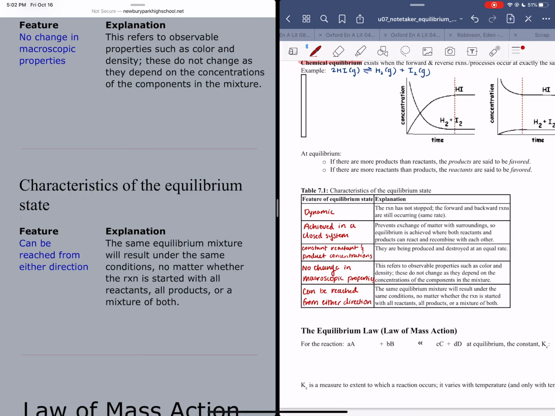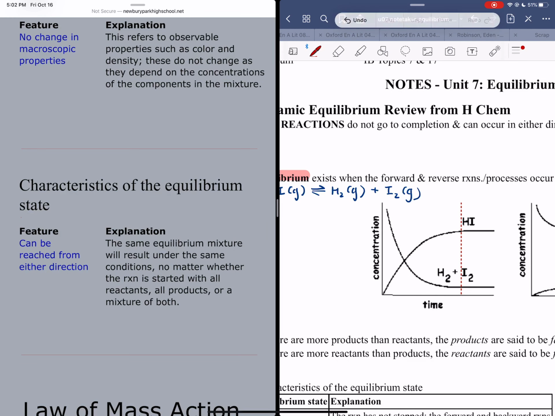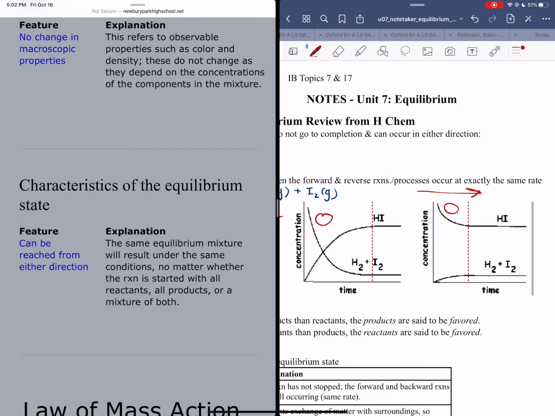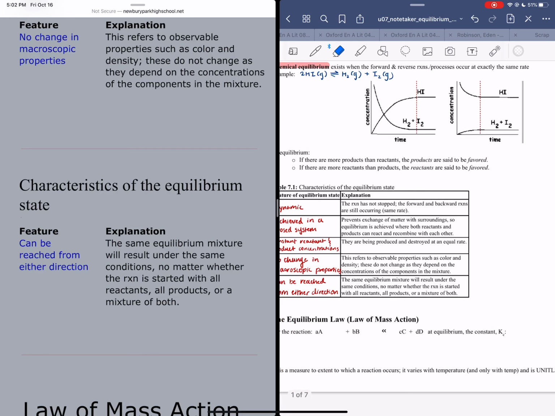And it can be reached from either direction. Again, as we indicated, in this graph equilibrium was being reached in this direction, and in this graph it was being reached in this direction.